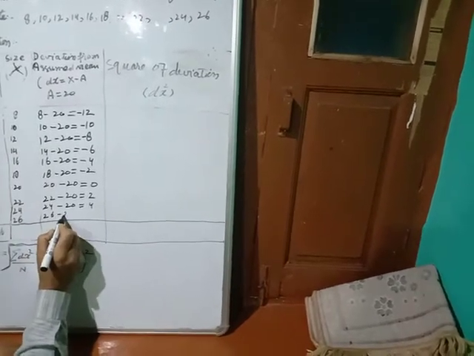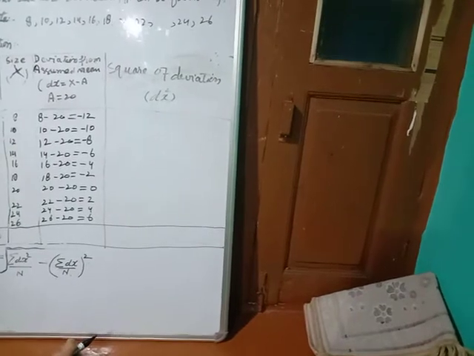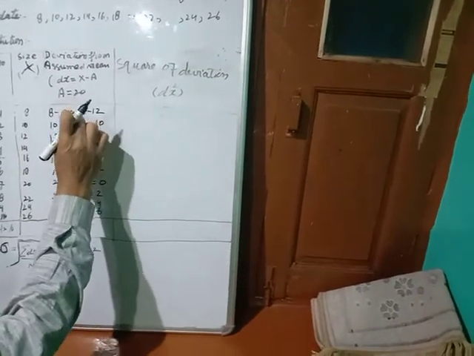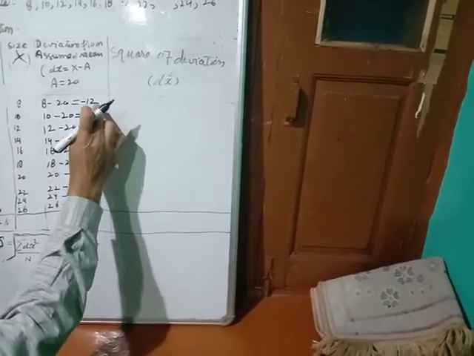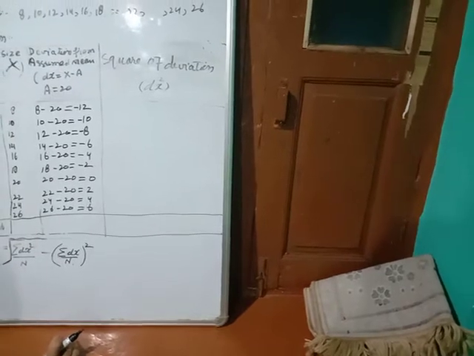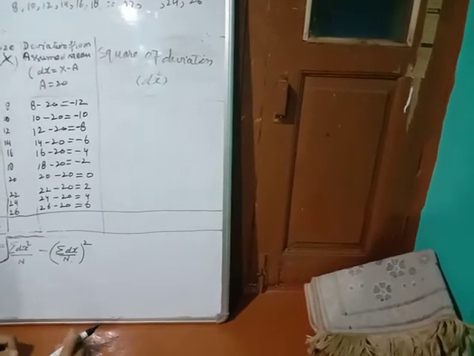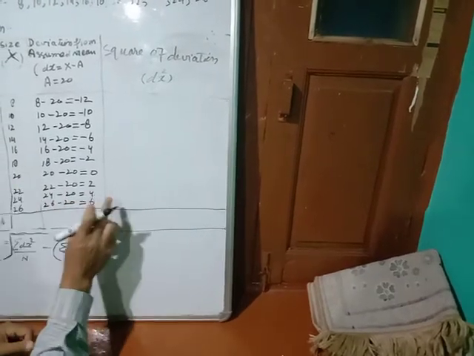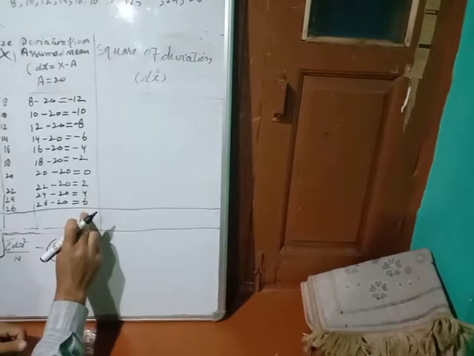26 minus 20 is equal to 6. Now, if we add this dx: minus 12, minus 10, minus 8, minus 6, minus 4, minus 2, and then the plus signs are 2, 4, 6.